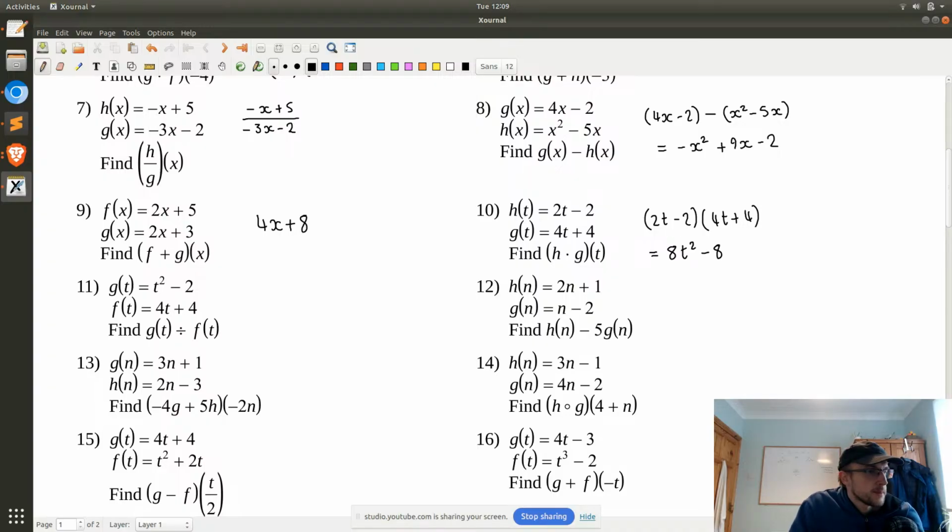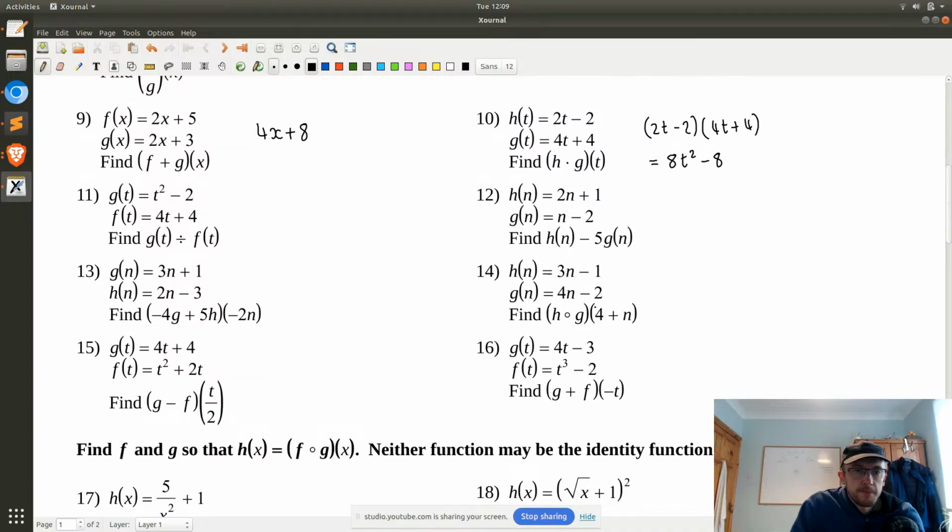Check, all correct. Divide g by f, so put this on top and this on the bottom, and when we factor it, we can't actually. That's actually as simple as it gets.